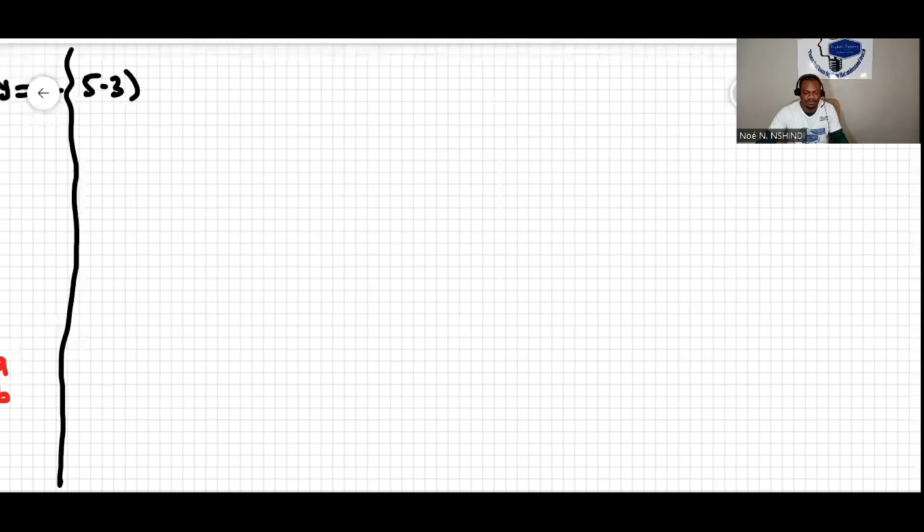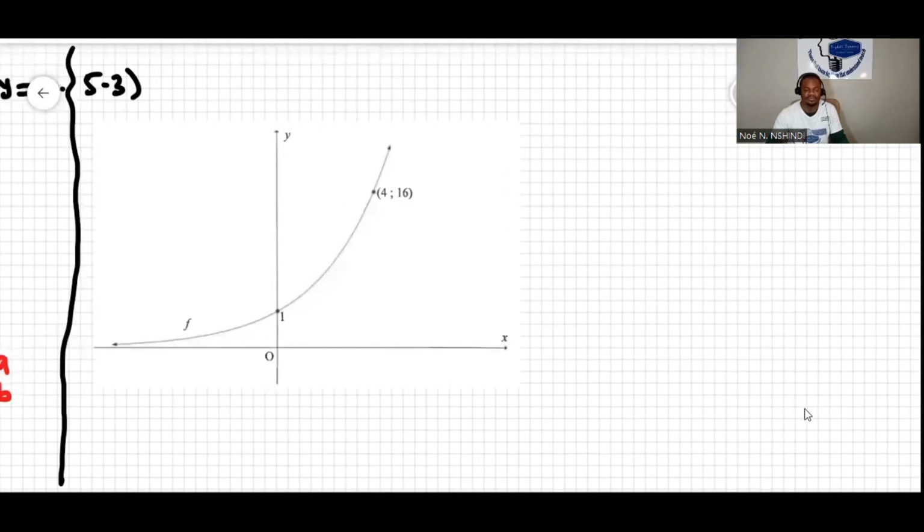Here is the diagram that we had. Then we're going to draw another graph similar to this, a log function. It is important because we need to draw the graph of g of x, which is the same thing as the inverse of f of x.